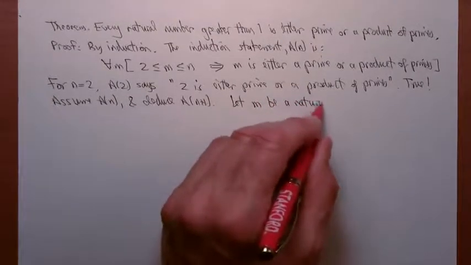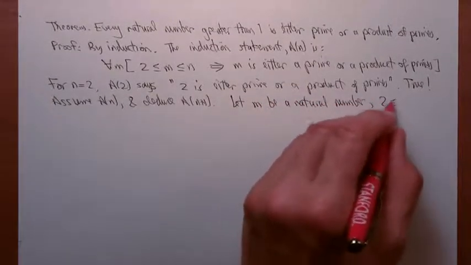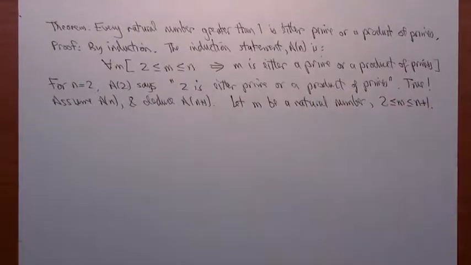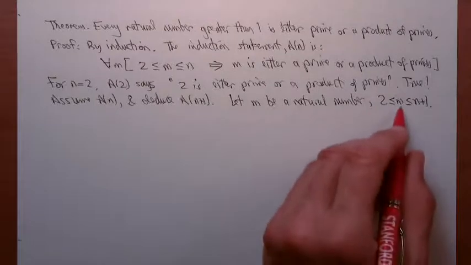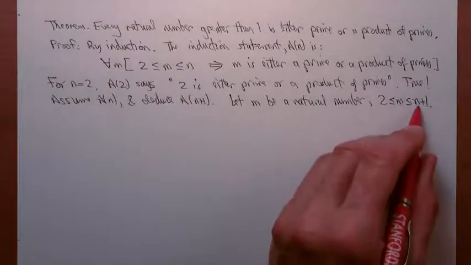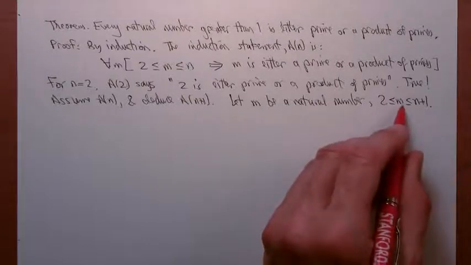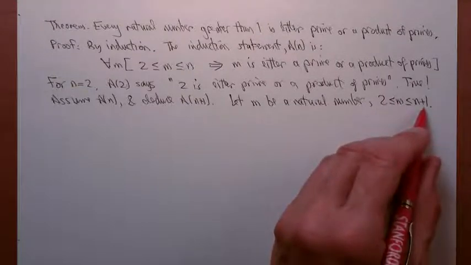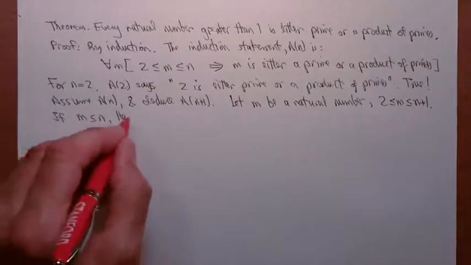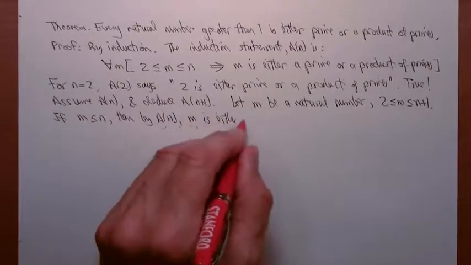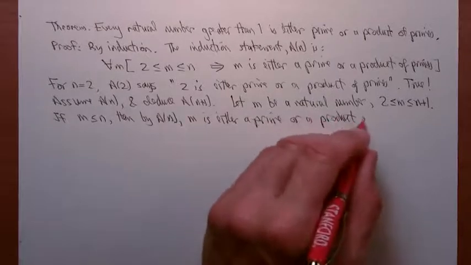Let m be a natural number, 2 less than or equal to m, less than or equal to n+1. Well, if m is less than or equal to n+1, m is either less than or equal to n, or m is equal to n+1. If m is less than or equal to n, then by A(n), m is either a prime or a product of primes.